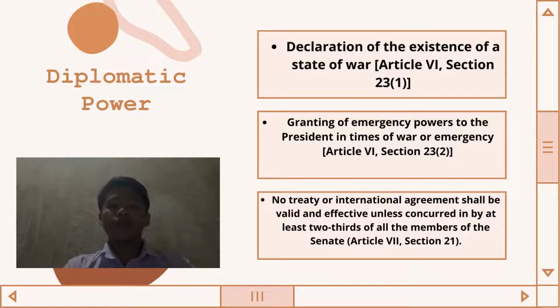The second is the granting of emergency powers to the President in times of war or emergency in Article 6, Section 23, Paragraph 2. And lastly, no treaty or international agreement shall be valid and effective unless concurred in by at least 2/3 of all the members of the Senate in Article 7, Section 21.